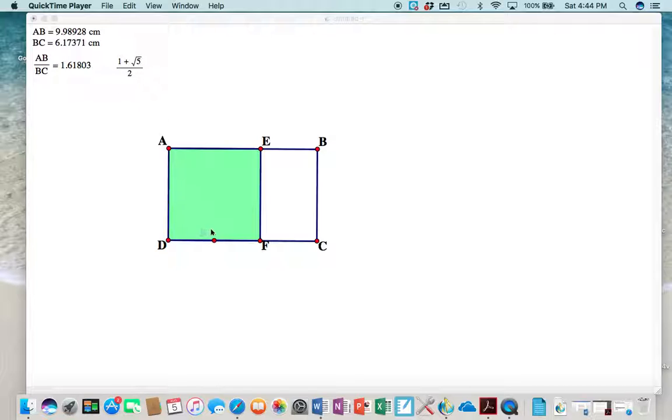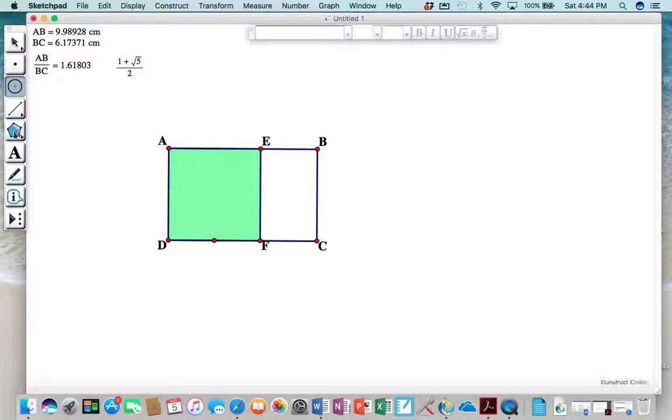Okay, so here we go. We're going to use the Pythagorean theorem, Pythagorean relationship for this. So I'm going to draw a line segment here to give us the right angle triangle that we need. Now, we need to make some assumptions here.